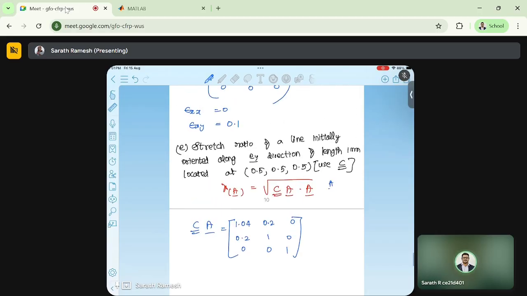In this question, A is along the EY direction they have given.